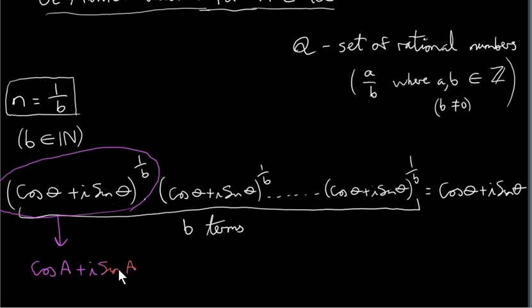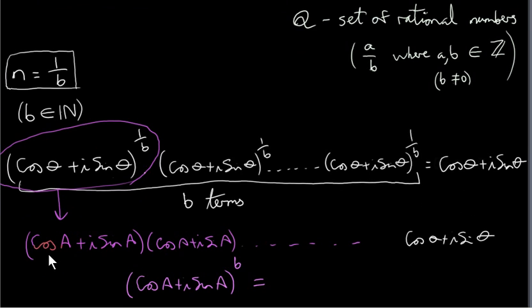Because cos² a plus sin² a is 1. Anyway, so we have this thing multiplied out b times, and we have to get cos θ + i sin θ. But if we multiply this out b times, then we just have (cos a + i sin a) to the power of b, and we can use de Moivre's theorem, because b is a natural number, and we proved that case in the previous video.